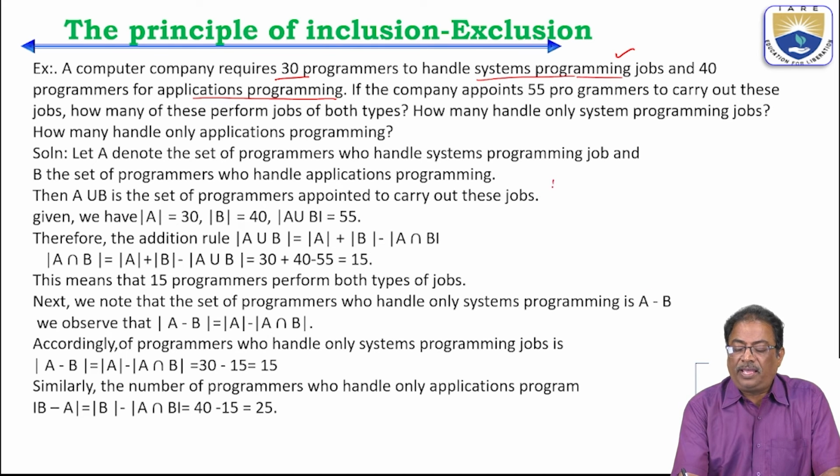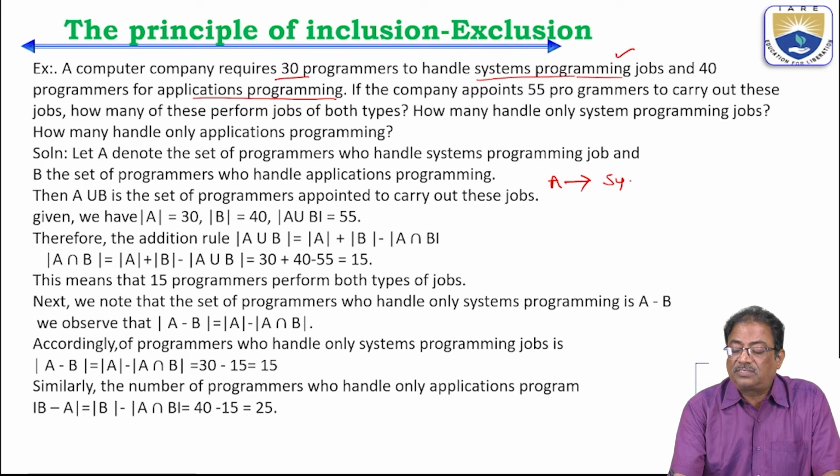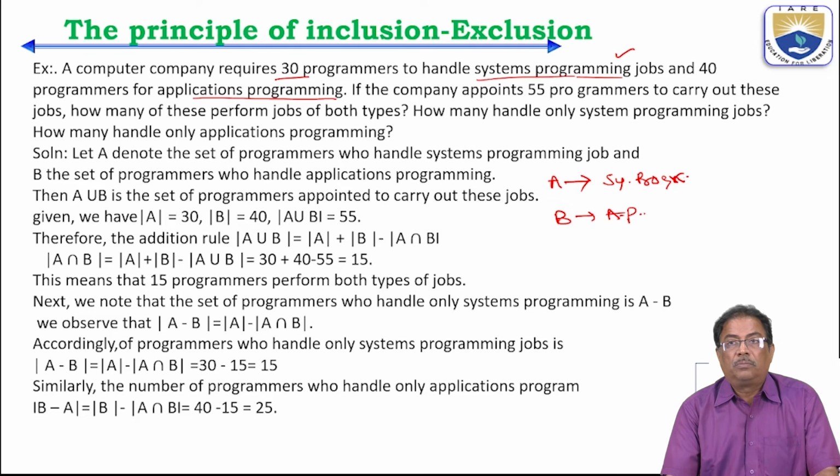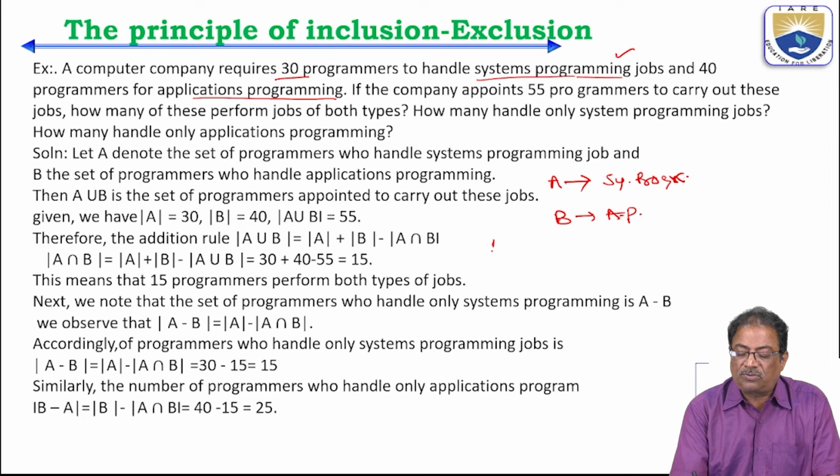So here A is the set of programmers related to system programming, and B is the set of programmers related to application programming. So here two sets are given. The company requires 30 programmers for system programming, so the cardinality of A is 30. The cardinality of B is 40.